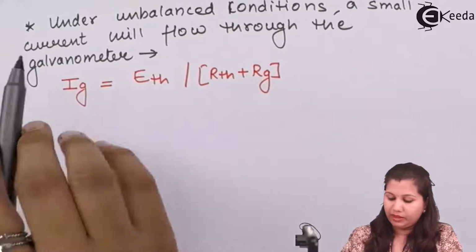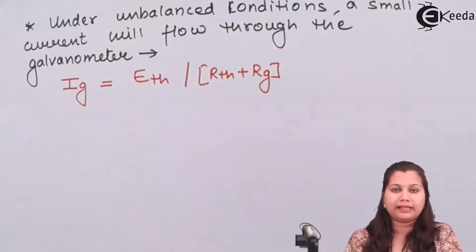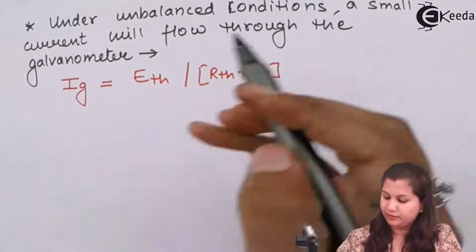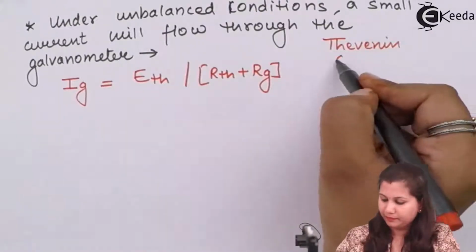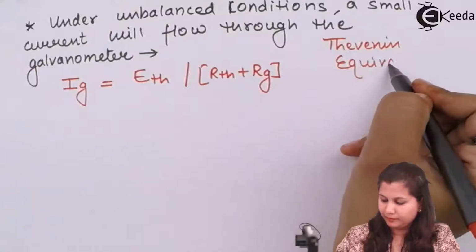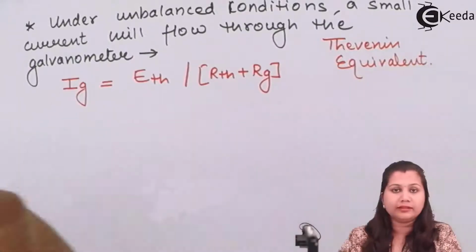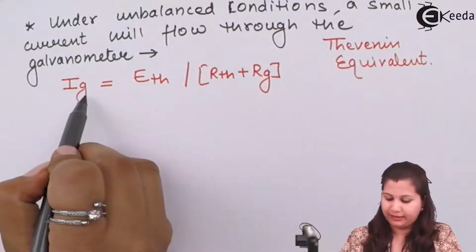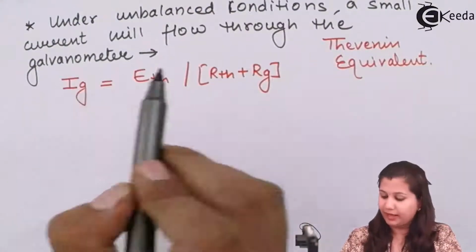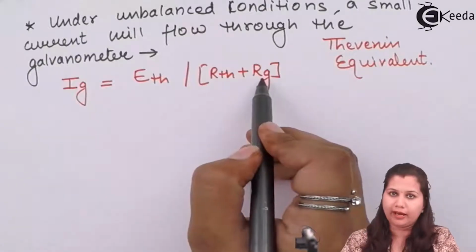Now here we are replacing the galvanometer by its Thevenin equivalent. And through this Thevenin equivalent, we can find out the galvanometer current. Ig is the galvanometer current and Rg is the resistance of the galvanometer.